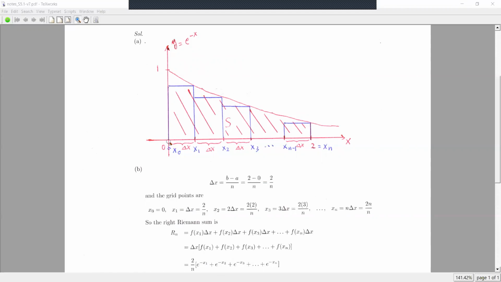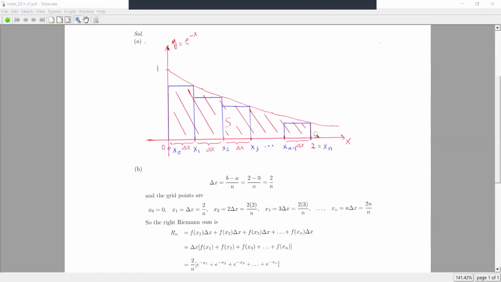x2, from 0 to x2, the distance is 2 delta x, so x2 is 2 times 2 over n. x3, similarly, is 3 delta x from the origin, so x3 is 3 times delta x. Plug in 2 over n for delta x, so 3 times delta x is this number.